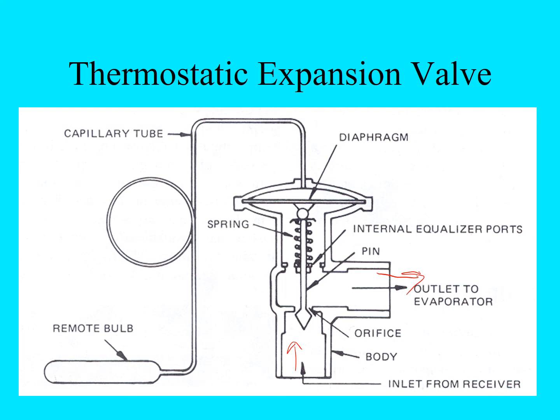So this area here on the TXV valve, they refer to it again as an orifice, but because of the way the pin can move up and down in this system, they consider it a thermostatic expansion valve instead of an orifice. Some manufacturers will refer to this as a variable orifice system.